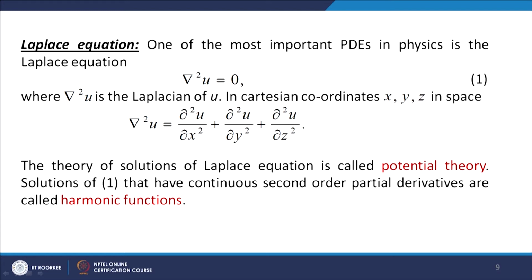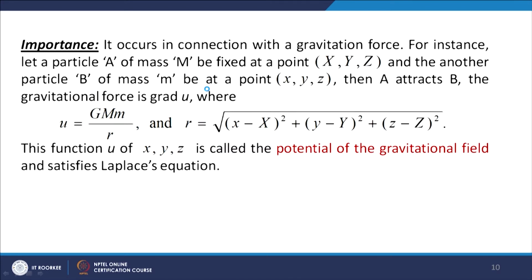The theory of solutions of Laplace equation is called potential theory, and the solutions of this equation that have continuous second order partial derivatives are called harmonic functions. Now, this Laplace equation occurs in connection with gravitational force.